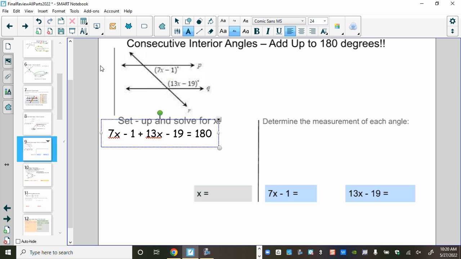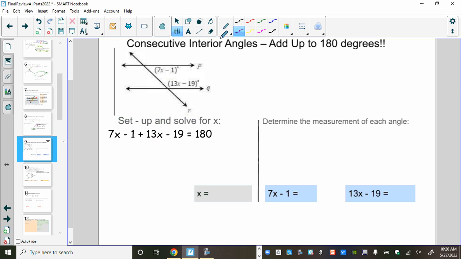All right. Now, what must we do? Look at our x's along with the -1 and the -19. What can we do to make our lives easier?